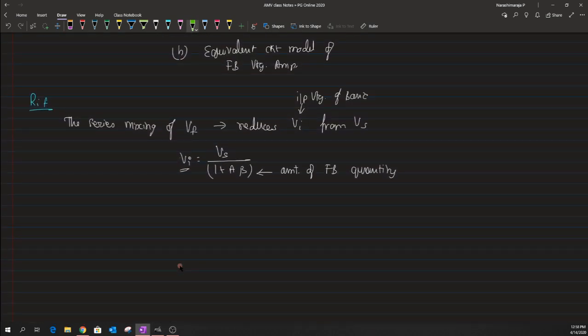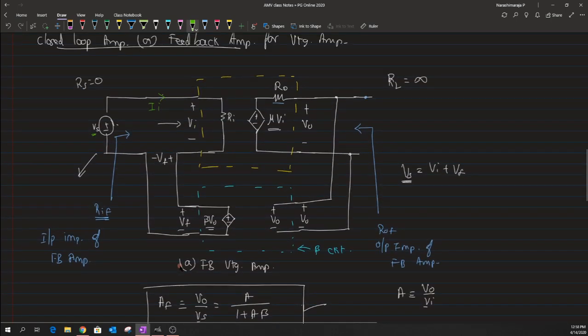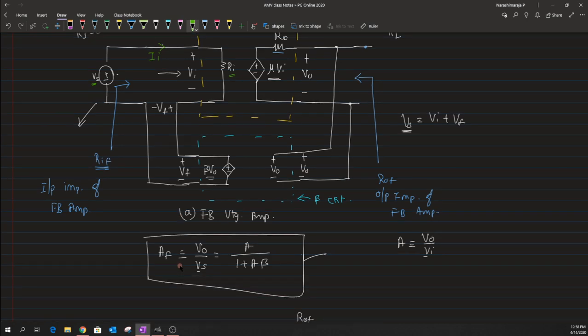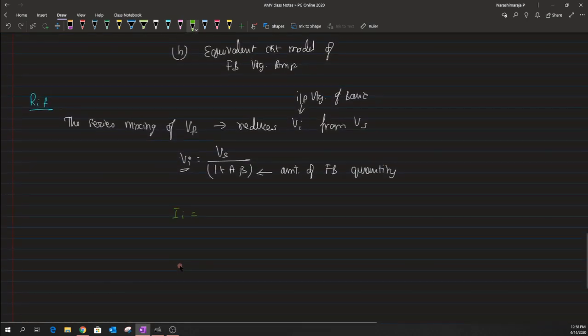So now I could write this Ii as a current flow in terms of Vi. If I know the voltage drop across this resistance Ri, then I can evaluate the value of this Ii as Vi divided by the input impedance of the basic amplifier, which is Ri.